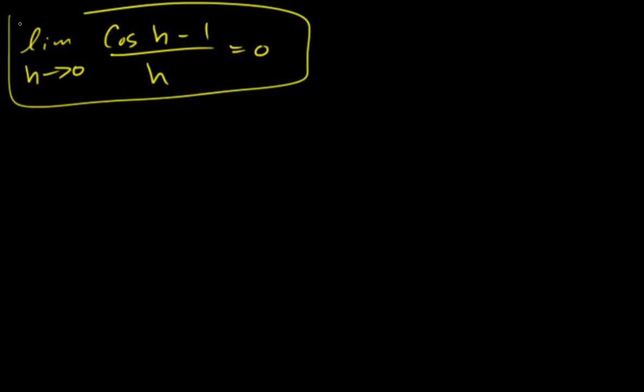So I didn't finish this problem, the problem from the previous video. At the end, we proved that the limit as h approaches 0 of (cosine h minus 1) over h is equal to 0. We will need to use that in this piece. And also the limit as h approaches 0 of sine h over h is equal to 1.